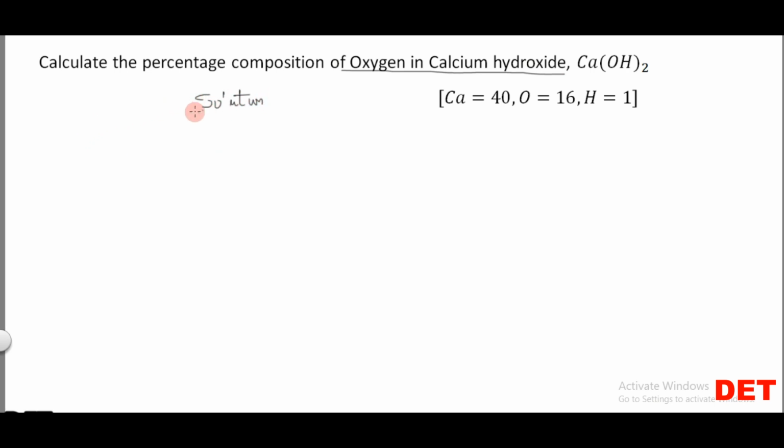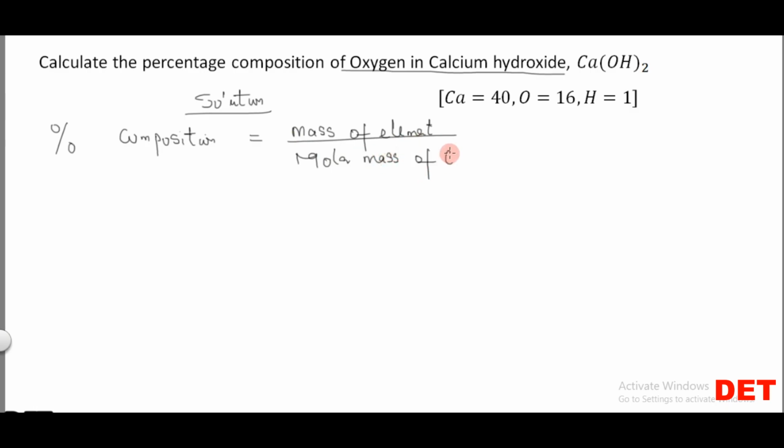You should know that percentage composition is equal to the mass of the element over the molar mass of the compound, times 100 over 1. This is the formula for percentage composition.